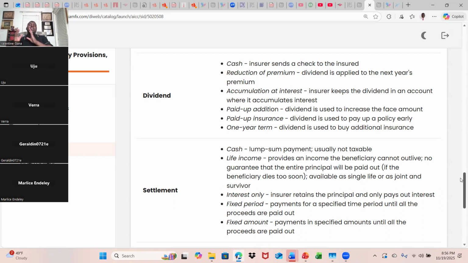However, if these dividends stay in the accounts of the policyholders and they generate interest, the interest that is generated by these dividends is taxed. So if I had a pen and I was writing something, I would write down that dividends are not taxed, interest is taxed. You will see this question 100%.